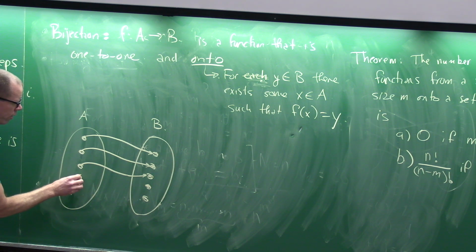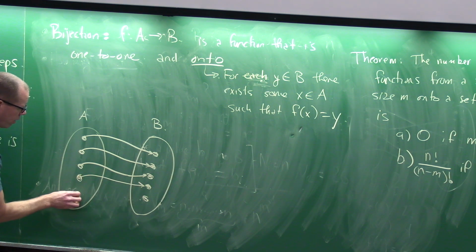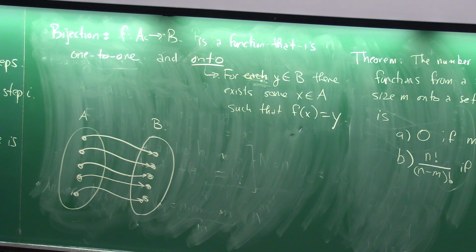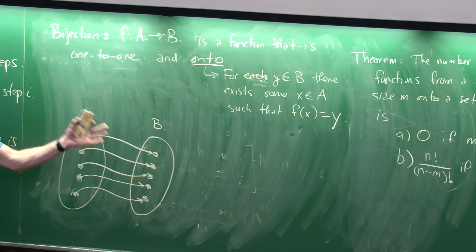So here is an example of a bijection from A to B. So what do you notice about this example? Yeah. Every single A has something that correlates with B. They have the same size.